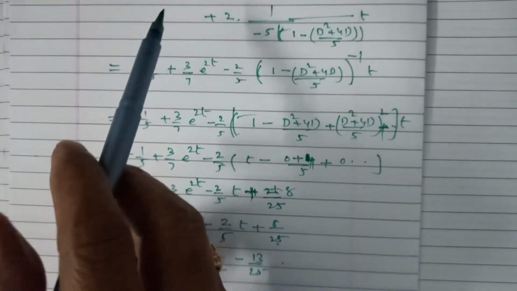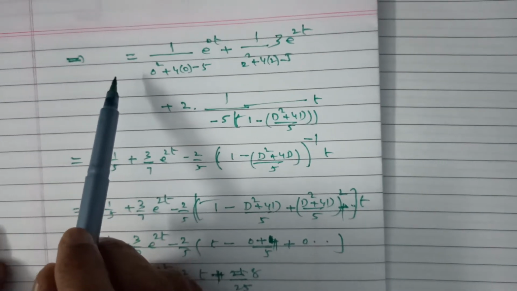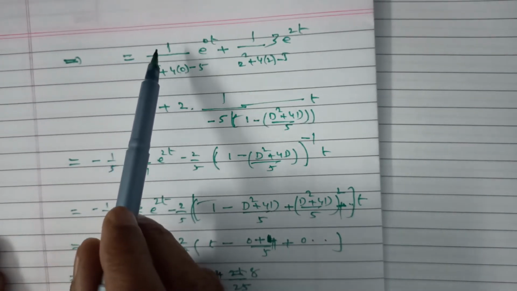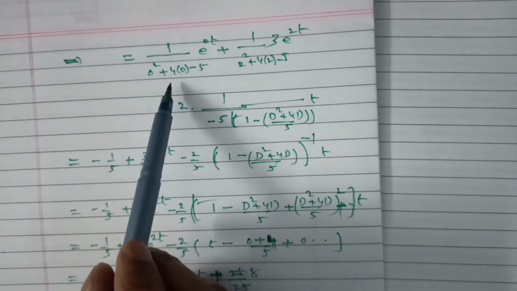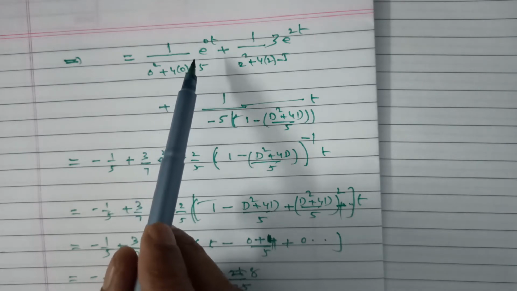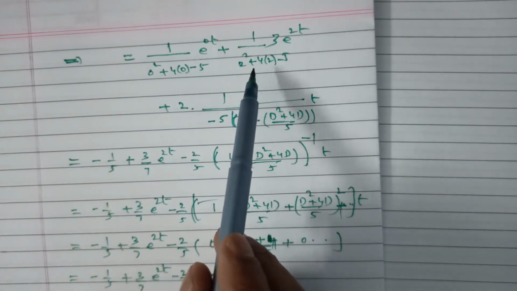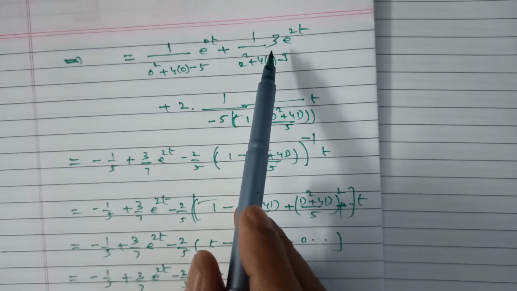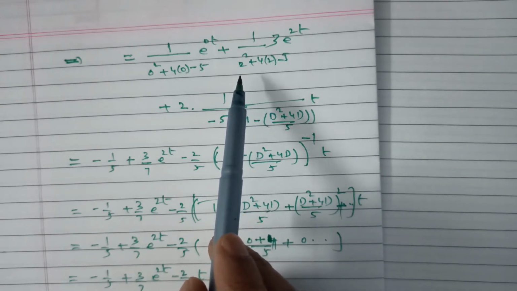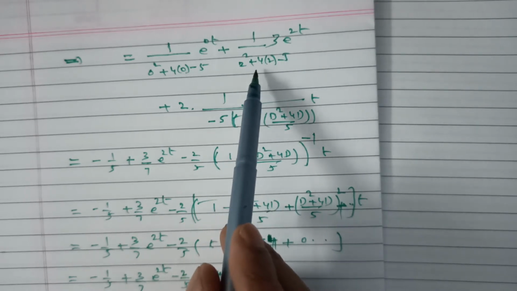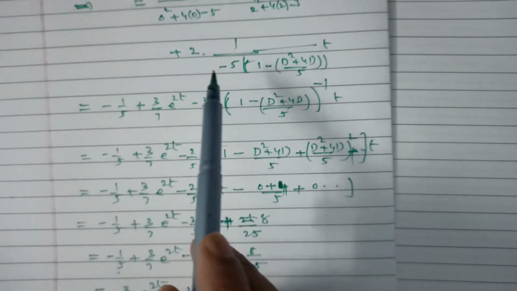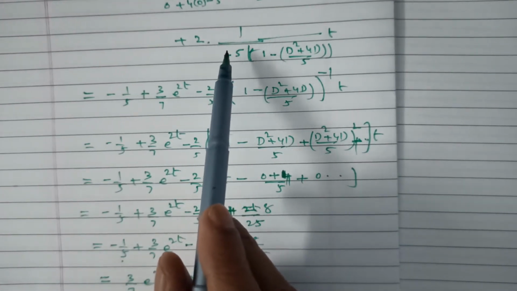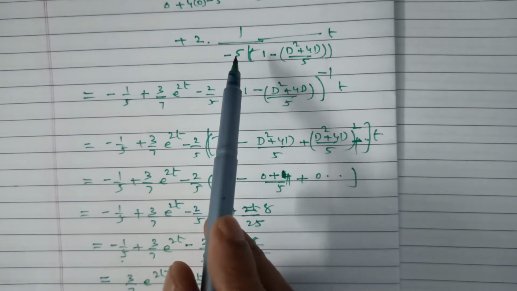Here, in our previous step, 1 by (D square plus 4D minus 5) e power 0t: substitute D equal to 0, so 0 square plus 4 into 0 minus 5, e power 0t, plus 3 divided by D equal to 2, so 2 square plus 4 into 2 minus 5, that is 7, e power 2t, plus 2 into 1 divided by the denominator.